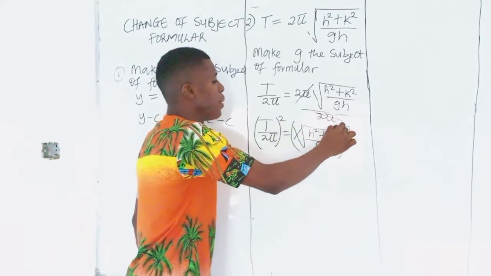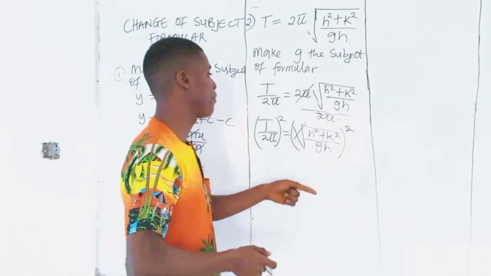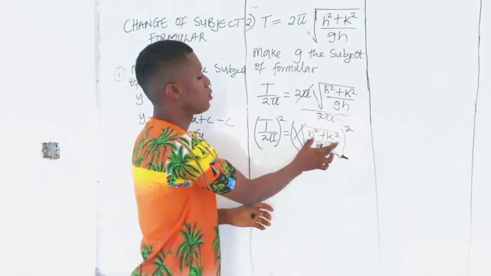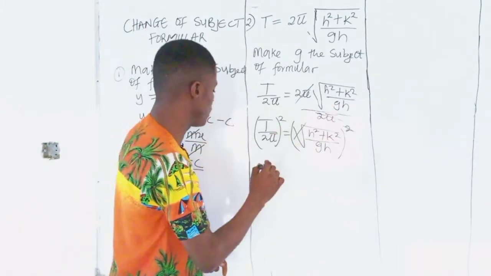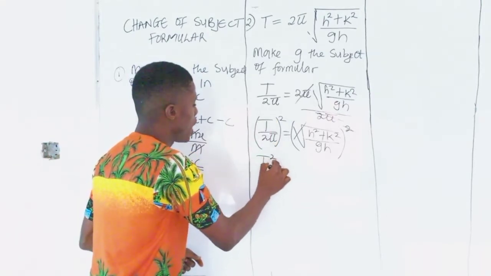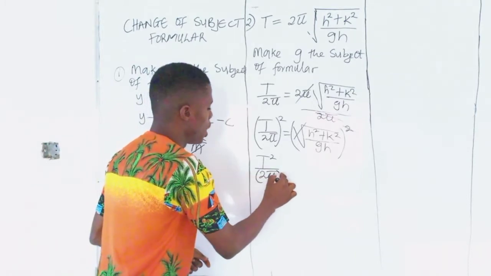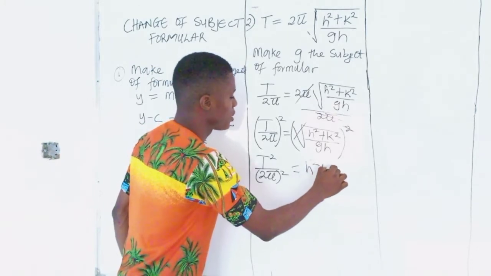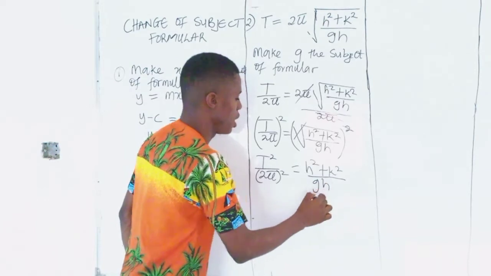On squaring both sides, this square root will cancel. Since the square root is like raising to the power of half, when you multiply by 2, you are left with the whole expression, which is h squared plus k squared all over gh. Let's open up this bracket. I have t squared all over 2 pi squared is equal to h squared plus k squared all over gh.